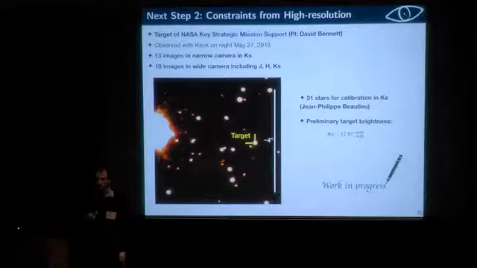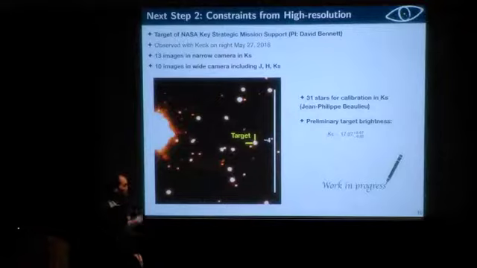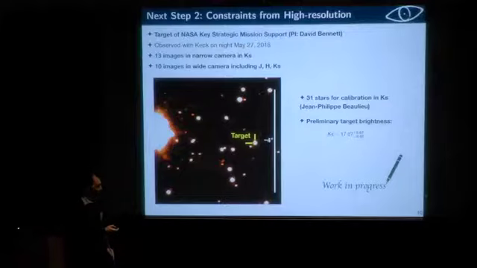Jean-Philippe Beaulieu and, I think, Josh worked on the calibration. A very preliminary analysis seems to indicate that the target, which is here, is slightly elongated. So this is very preliminary. The next step is to combine everything together to have a consistent picture.